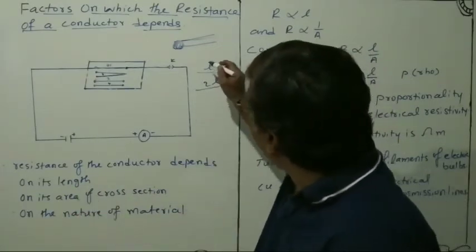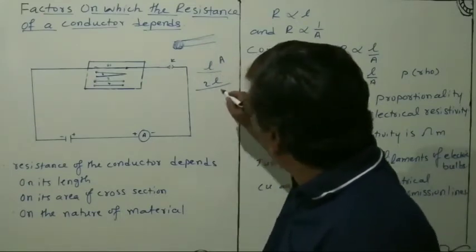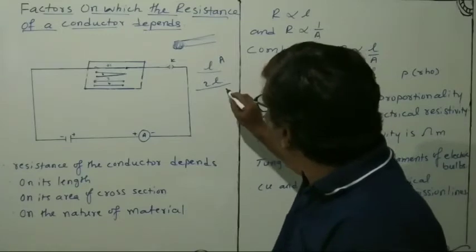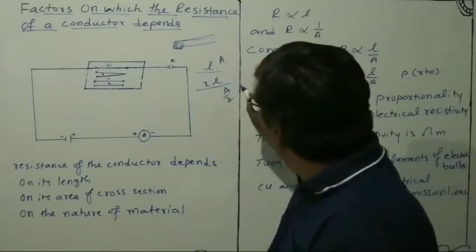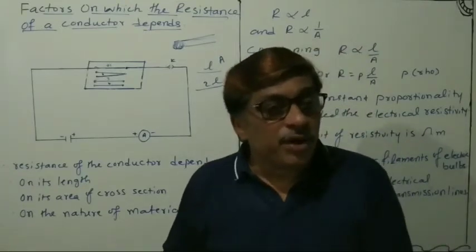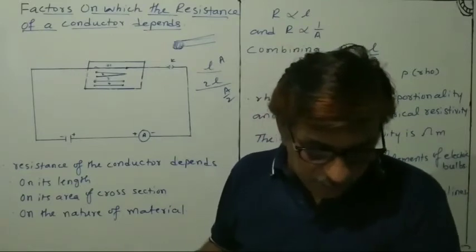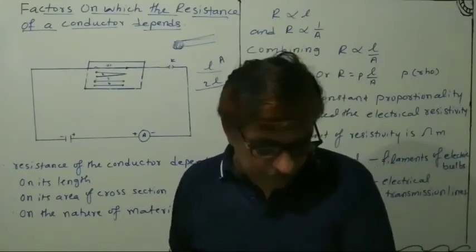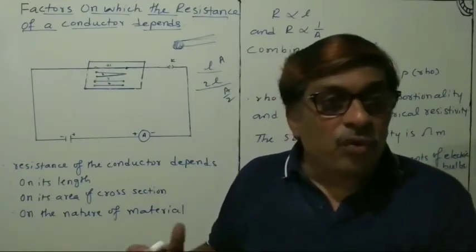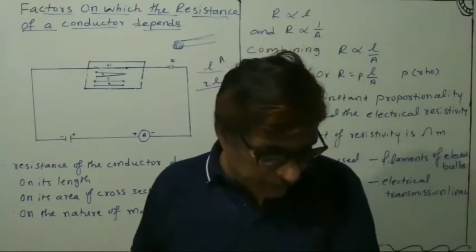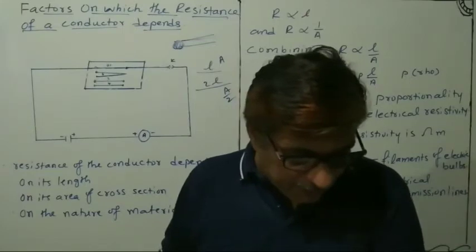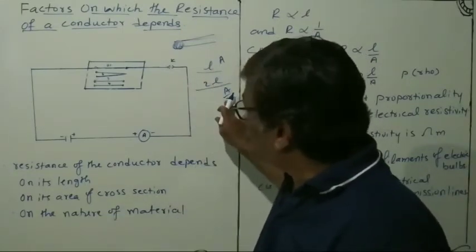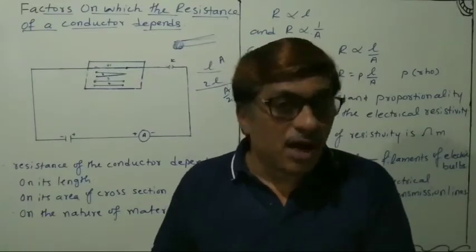So suppose the current is A, then the current becomes half of this. It is noticed that the current flow decreases, and the current becomes A divided by 2.